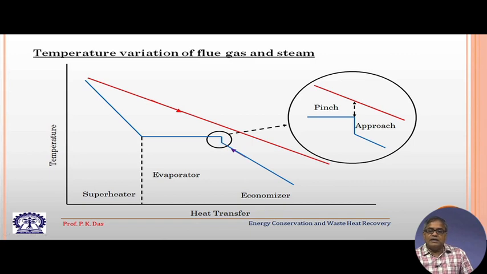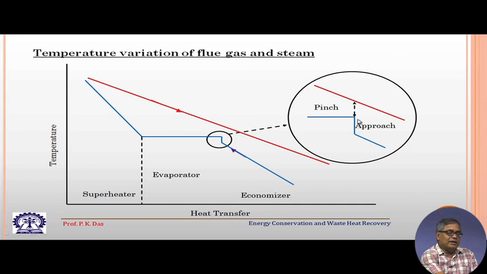Because economizers are not designed to handle steam. If during operating conditions there is a small change of operating parameters and steam generates within the economizer, that is detrimental for the equipment and that is not permitted. So, intentionally we have to keep some sort of approach.